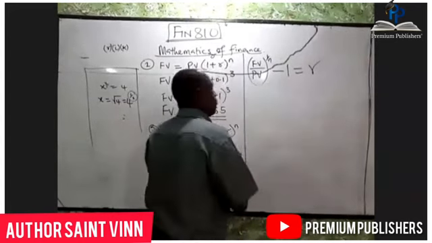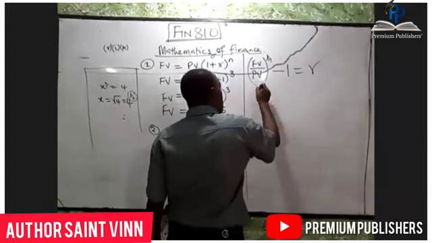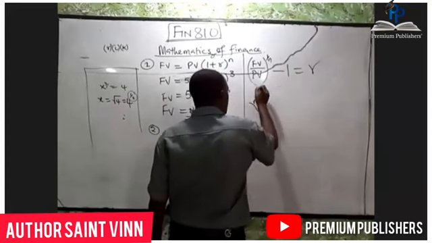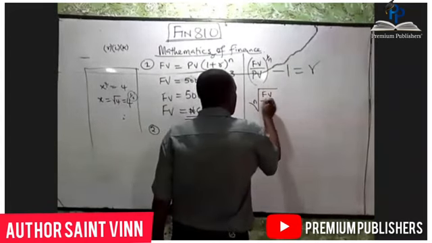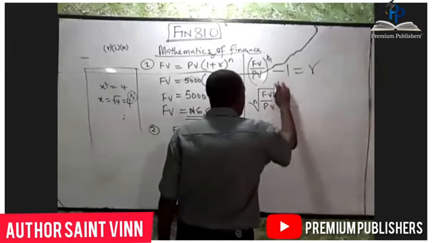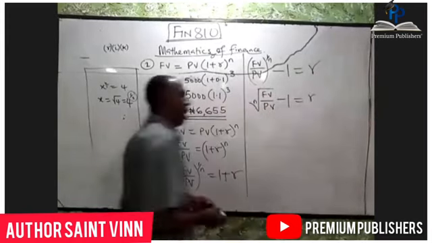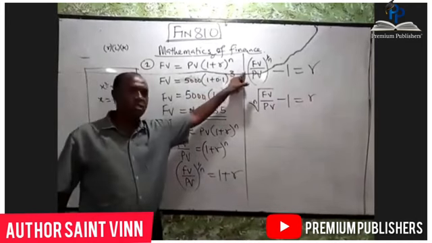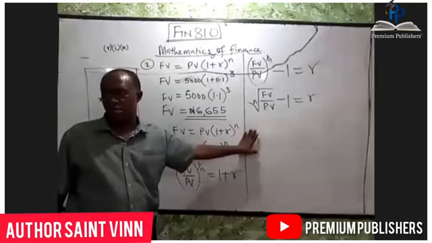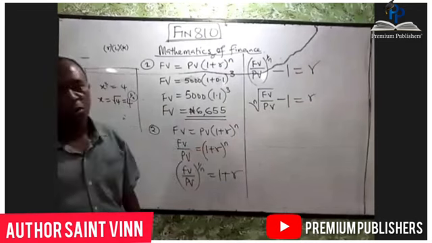But we can move a little further. 1 over N means the Nth root of FV over PV, minus 1, all equal to what? R. That means this is correct. This is also correct. Anyone you like, you choose.